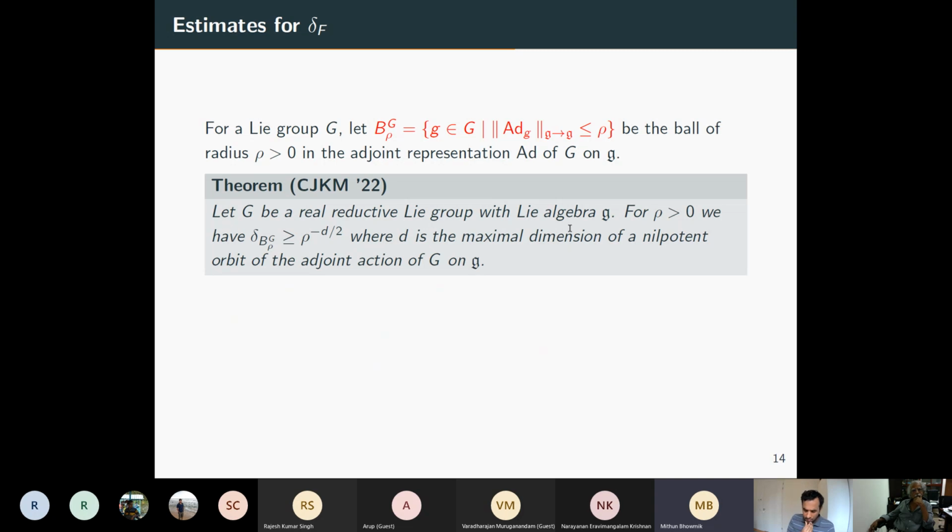And as I said, we have quite explicit estimates for when the group is a real reductive Lie group.